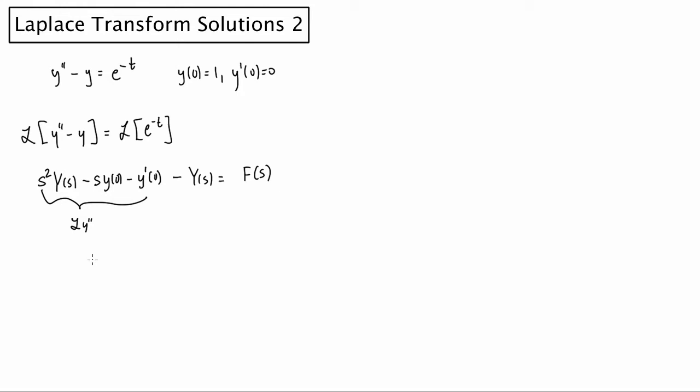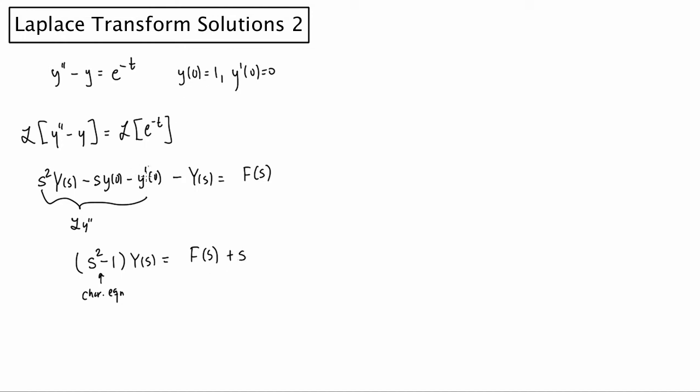Alright, if I group terms over here, I get s squared minus 1 times y of s. Keep in mind that this is the characteristic equation. And that's equal to f of s, and then if I subtract over s y at 0, which is 1, that would be adding s to the other side.